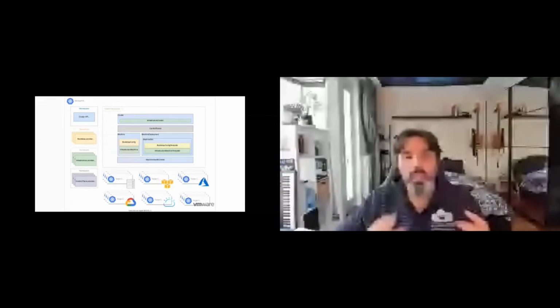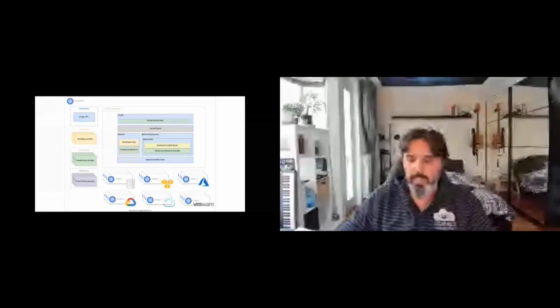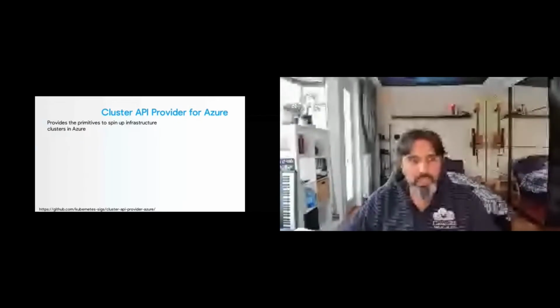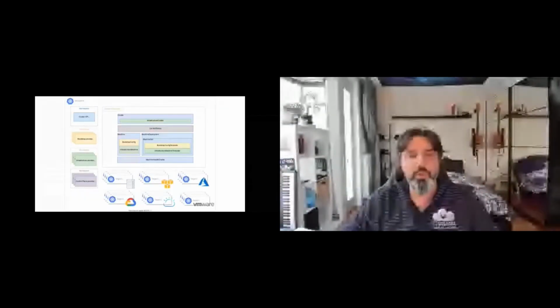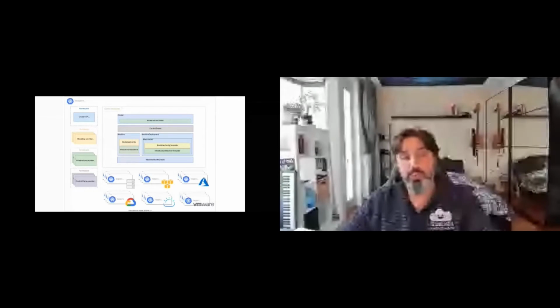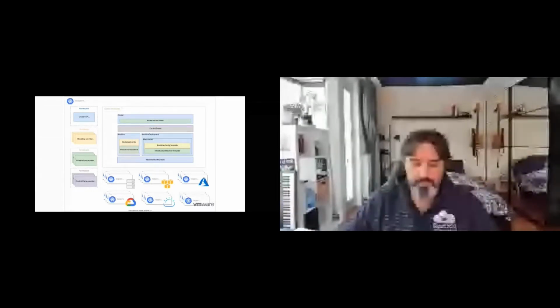So at the core is this, right? You start with a management cluster, and the management cluster will create workload clusters in the infrastructure provider of your choice. That's the core of it.